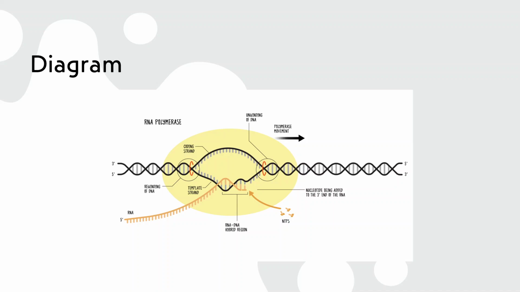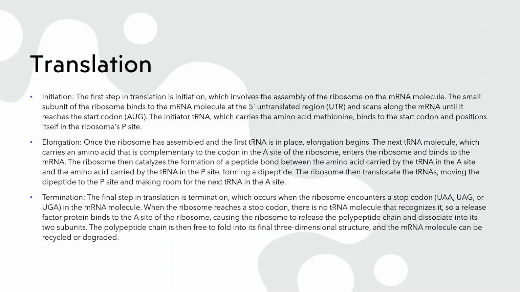As you can see, the DNA has been opened up, allowing for a template strand to attach itself and be replicated using new nucleotides. And it moves from 3' to 5'. And once this mRNA strand is made, it can move over into the next process, which is translation.